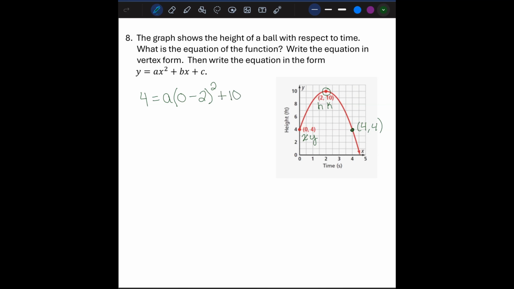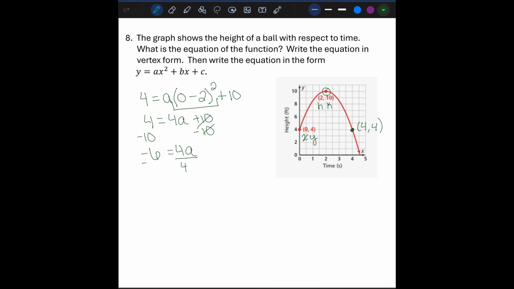Now, I see that this is opening upside down, so I know that my a should end up being negative. So let's check out what we're multiplying a by. 0 minus 2 is negative 2, squared is 4, so this is a times 4, which is 4a. I'm going to subtract 10. That gives me negative 6 equals 4a.